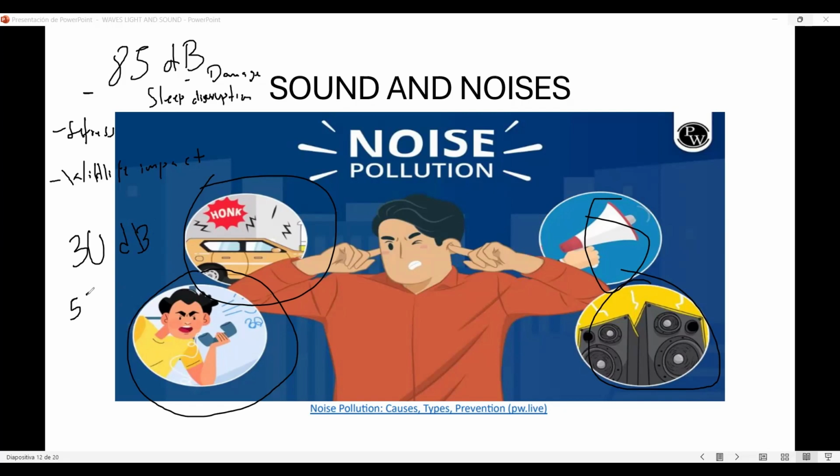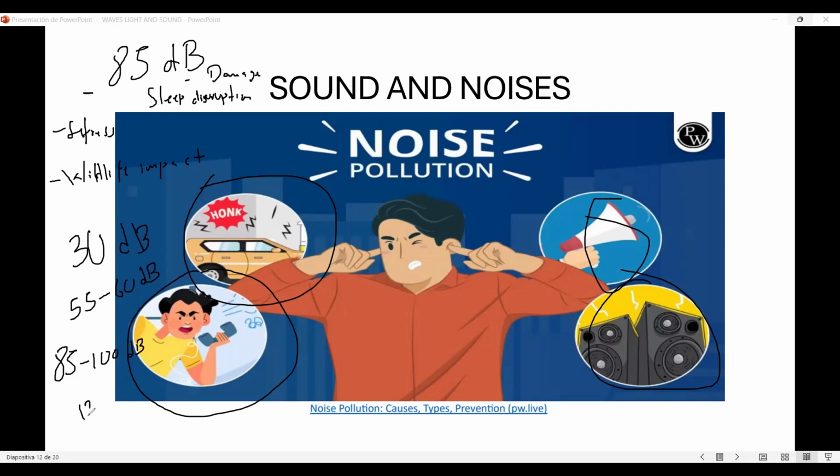But from 55 to 60 decibels, prolonged exposure can cause irritation and stress, such as noise from traffic, vacuum cleaners, or loud conversations. 85 to 100 decibels can also be related to concerts, right? Sirens or airplanes during takeoff fall into this range. So they can cause immediate harm to hearing if the exposure lasts too long.